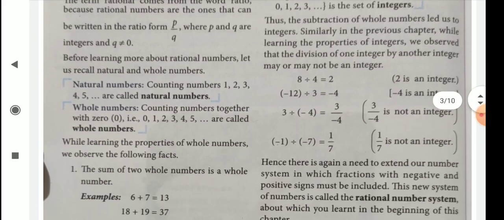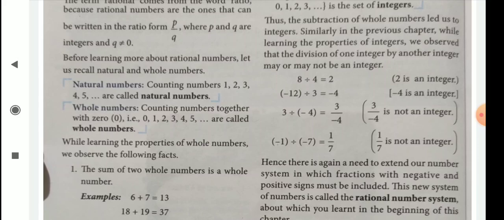Here you see 8 divided by 4 equals 2. 2 is an integer. Children, you know integers are of both positive and negative types. Here 3 divided by minus 4 equals 3 by minus 4, which is not an integer.